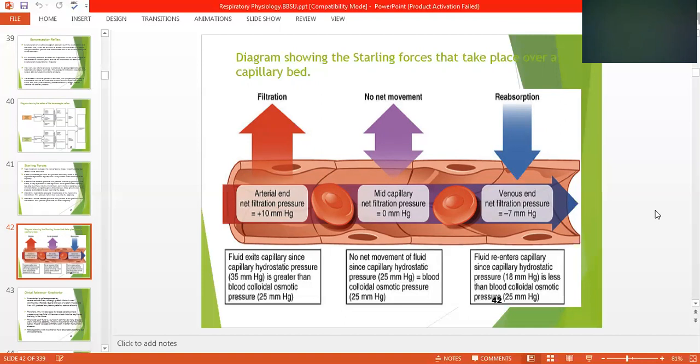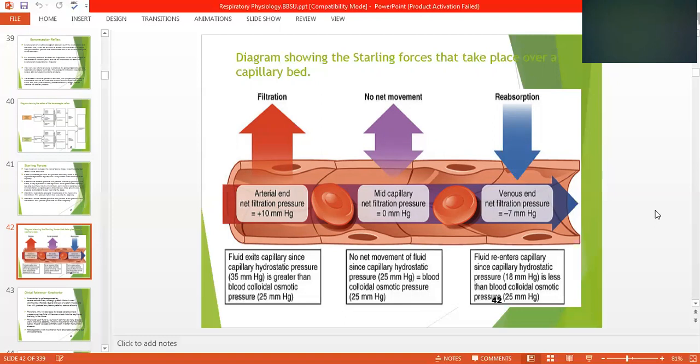But with high pressure in the capillaries, which is 35 mmHg, and in interstitial fluid 25 mmHg, it means fluid will move from higher to lower pressure.